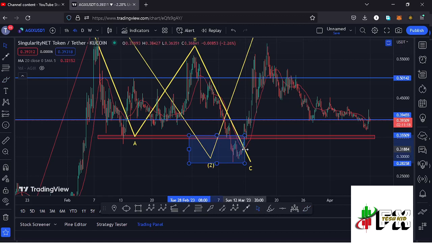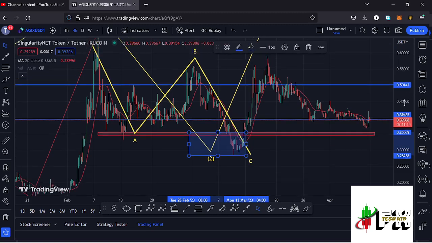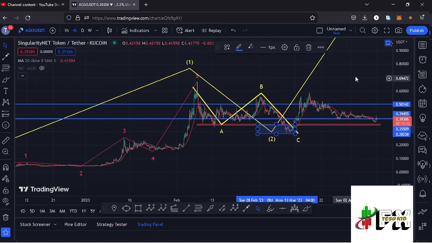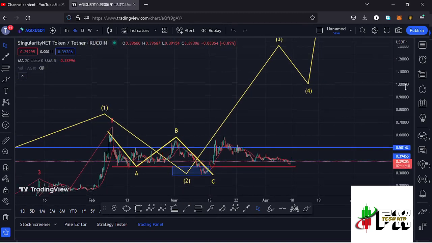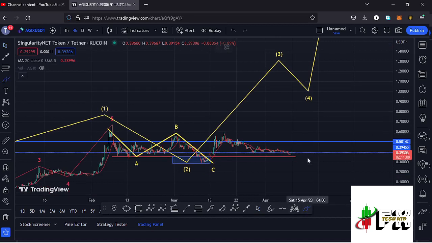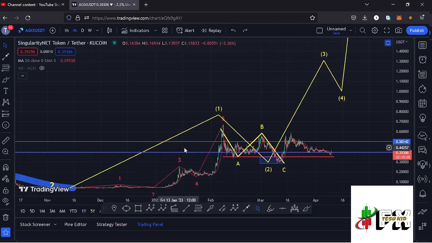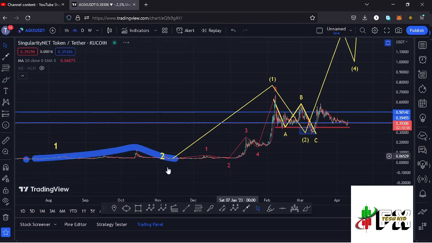I now believe that we have bottomed out in the formation of this wave 2, and the primary scenario is that whatever we are seeing at the moment is the start of an impulsive wave in the formation of this wave 3. All this is playing out after we fully peaked in the formation of this first wave to the upper side, after seeing a 5-wave structure to the upside, having the wave 5 giving us a peak at around the $0.67 mark.